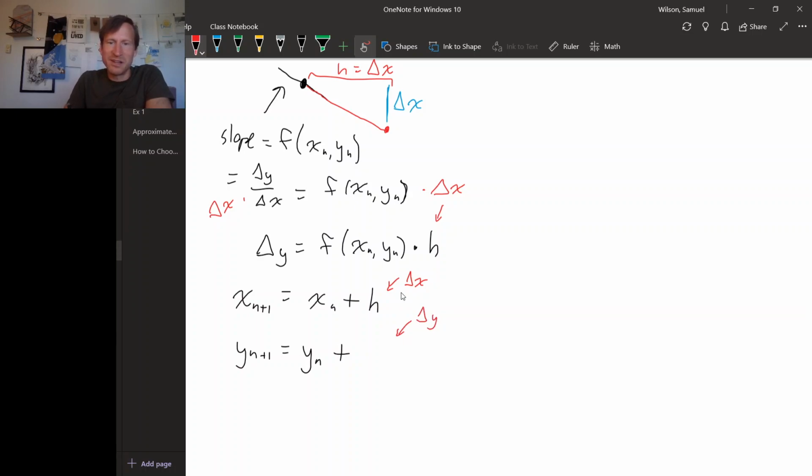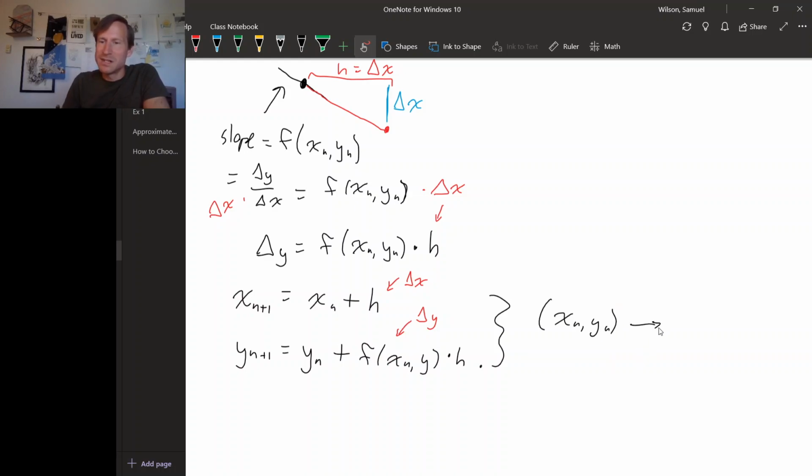But we have a formula for delta y now. Delta y is f of x sub n comma y sub n times h. So what this formula tells us is how to go from one approximate point to the next one. You just use the formula.